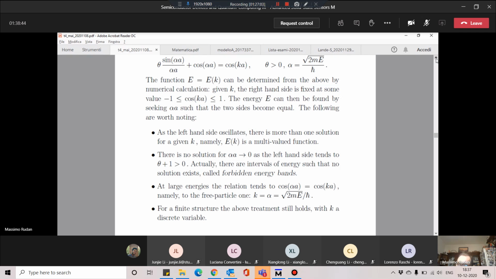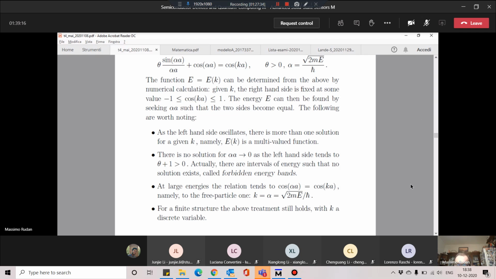Actually, the number of periods of a crystal that is necessary to form the energy band is not very large. About 10 periods are sufficient to form a band structure. And this is a calculation that can be done with relatively little effort, still in one dimension.